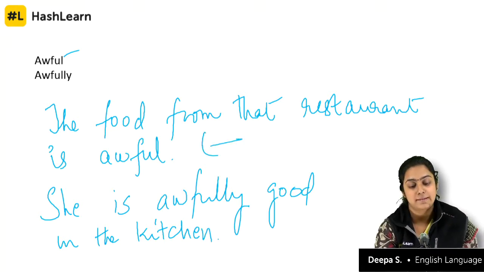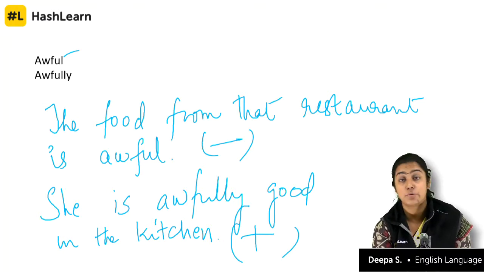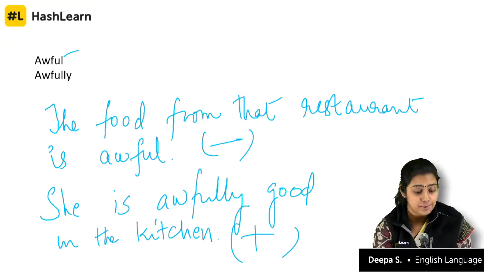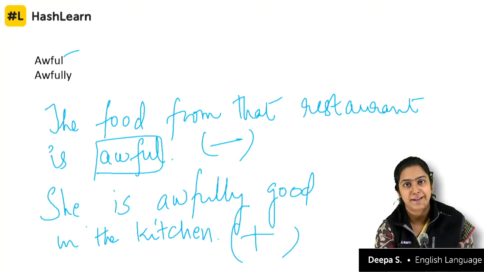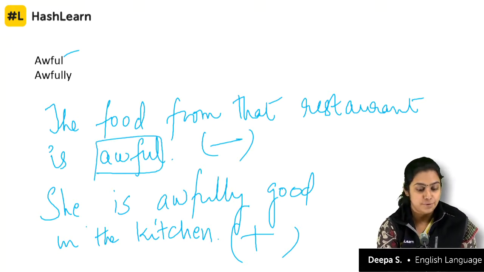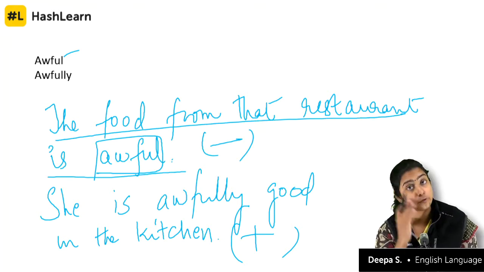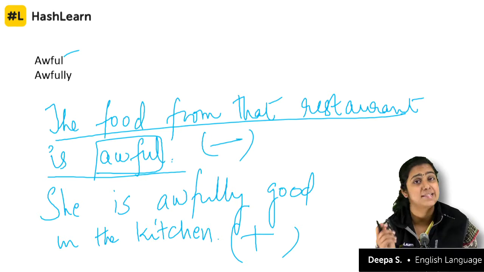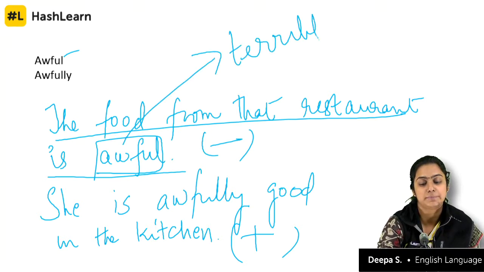Now, this has a negative connotation while this has a positive connotation. How is that possible? Awful, we typically associate with negative connotation, correct? Now, the food from that restaurant is awful, meaning the food from that restaurant is bad, it's terrible, okay? So, a synonym here would be terrible.